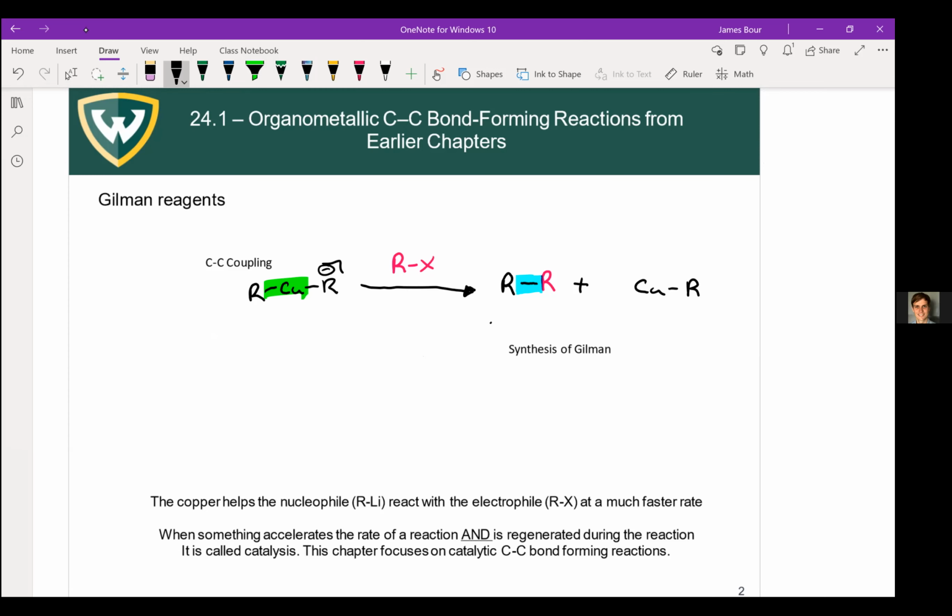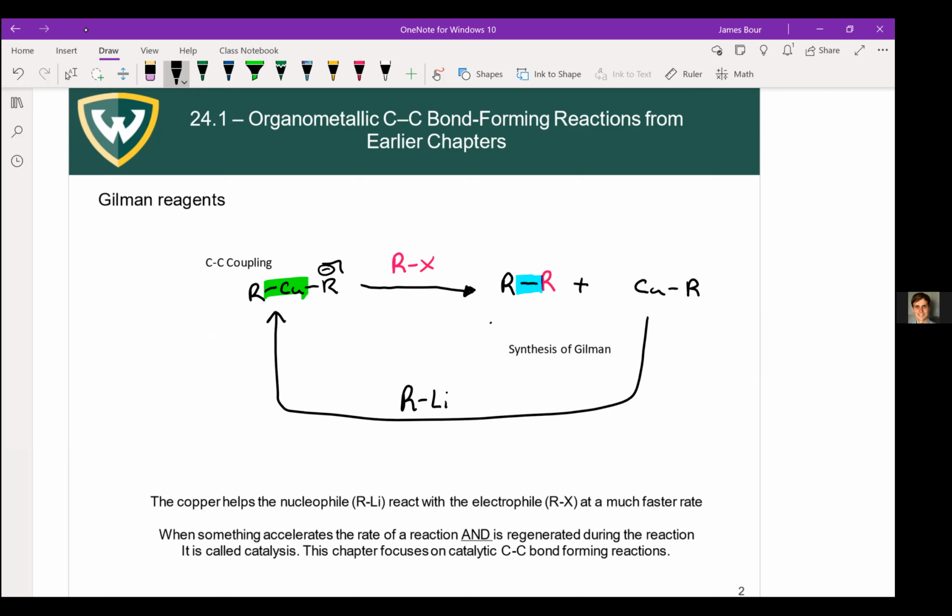We know how to synthesize Gilmans, and we can take a copper species and treat it with an organolithium, and we could regenerate it. We could take the product of our reaction, and in theory, we could add organolithium and regenerate it.